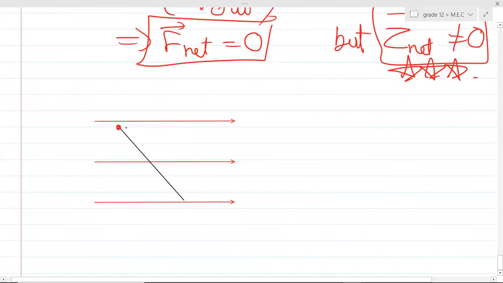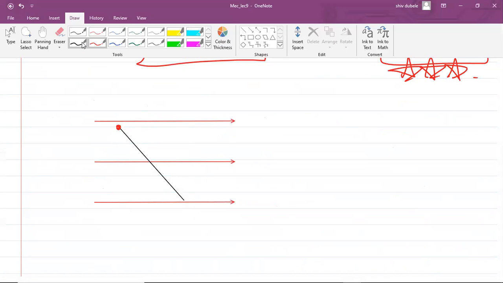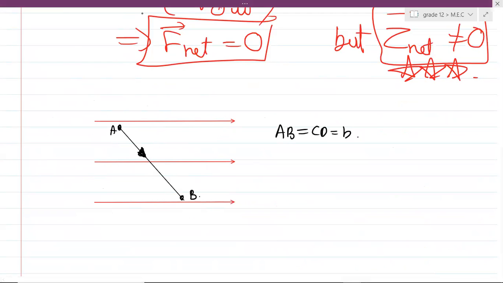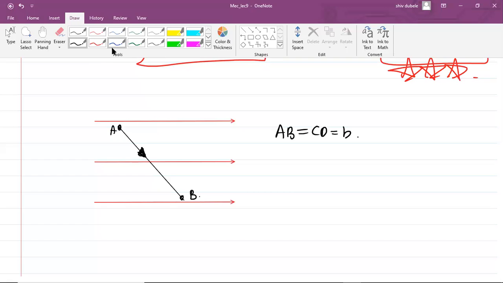So guys, this is your AB wire. The current. The length of AB. And what is the direction of forces on CD and this thing?